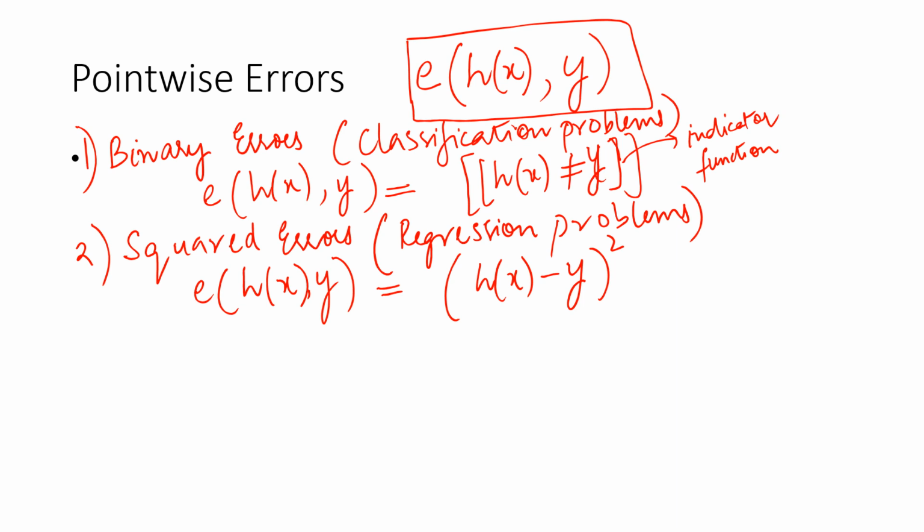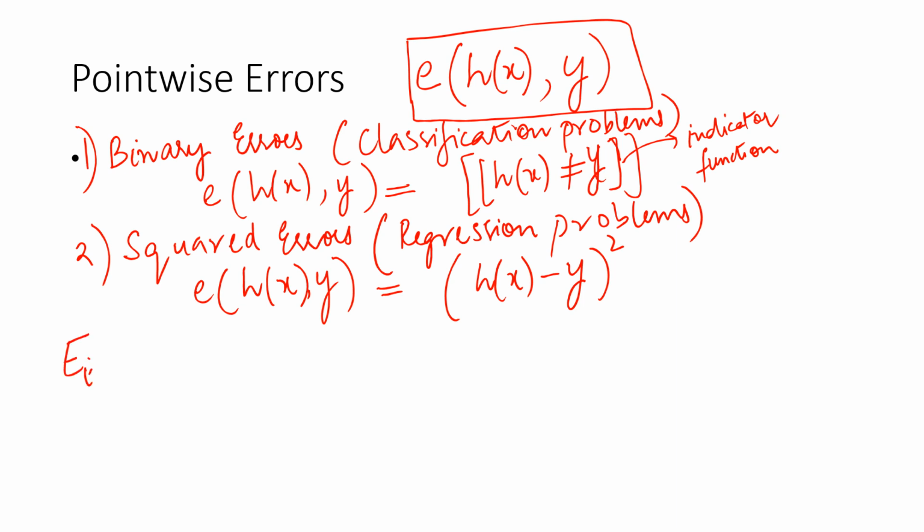The thing is that the entire theory that we have derived until now works for both definitions. We can define the in-sample error and the out-of-sample error for all these pointwise errors, as long as we have a reasonable bound. What that means is, as long as this function is well behaved to a certain extent. So how can we do that?